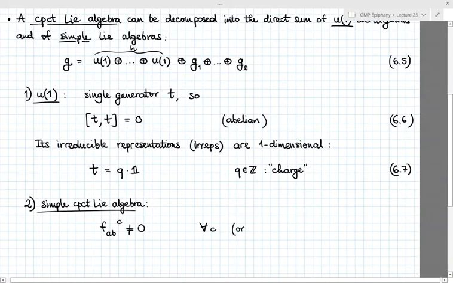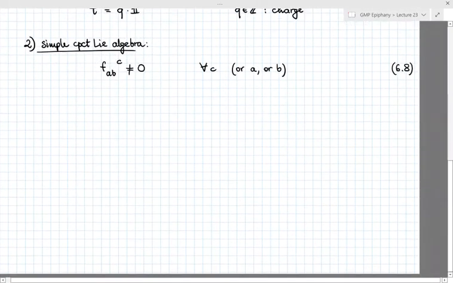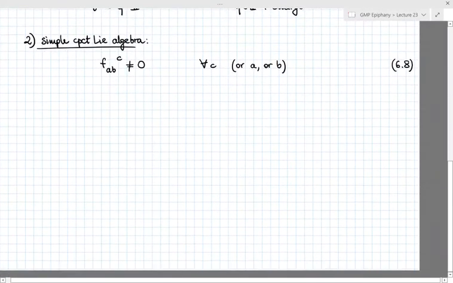In fact, equivalently also for all a or b. Okay, now let me give you an exercise.